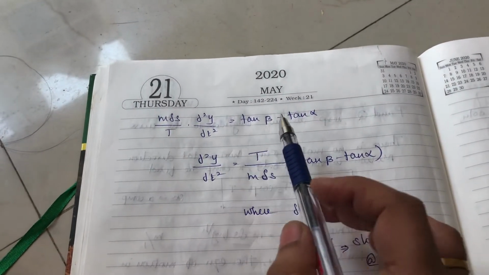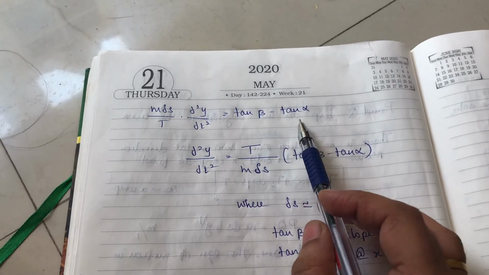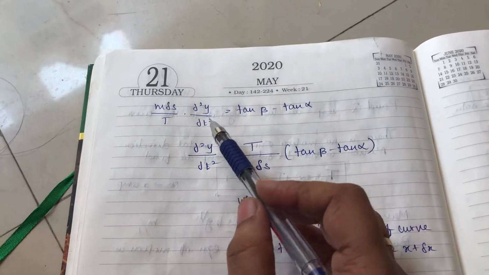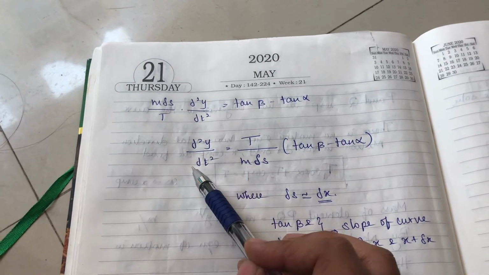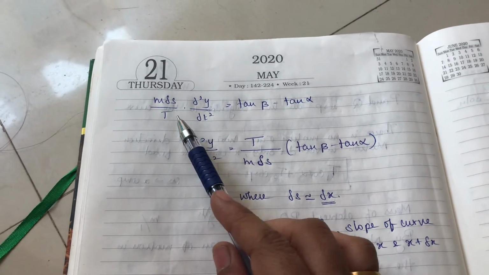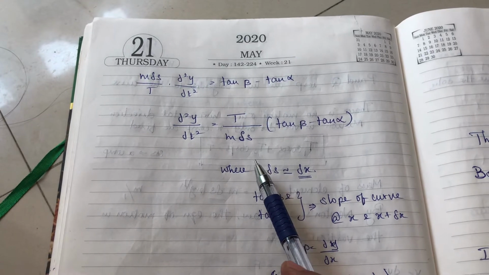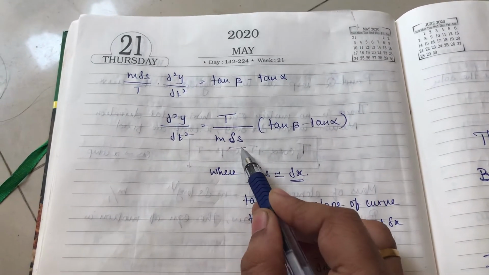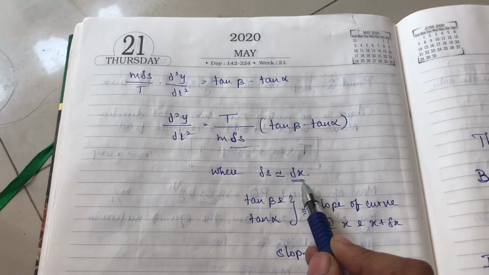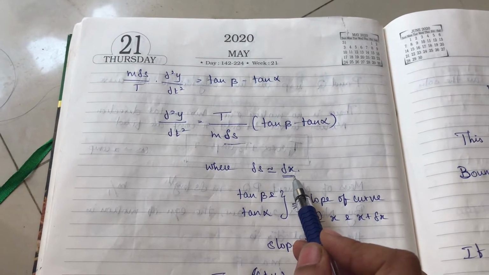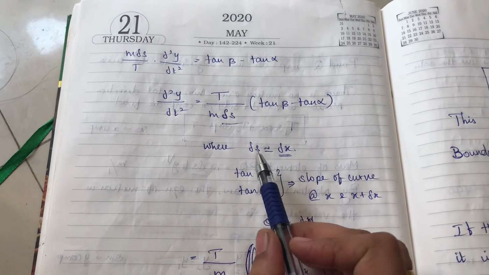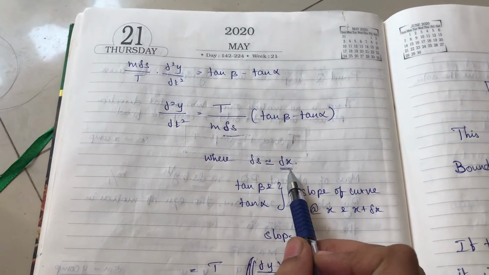So the left hand side is the same, and the right side is tan beta minus tan alpha. So I can write this term, bringing it here, T by m into del S. So here del S is approximately equal to del x.